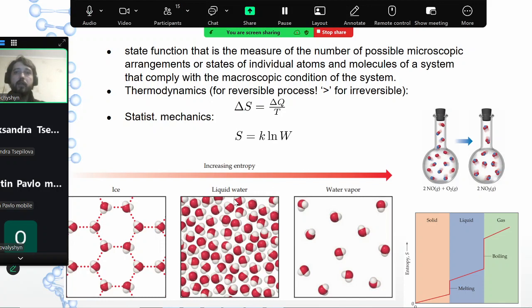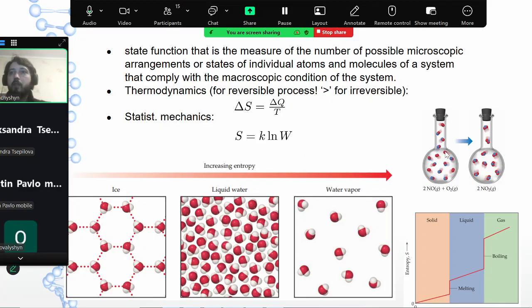In liquid water they have much more ability to move around, and here you have a larger number of microstates. If you get to water vapor, it has even more entropy because these molecules are unrestricted and can go all over the place, and you have much more microstates.